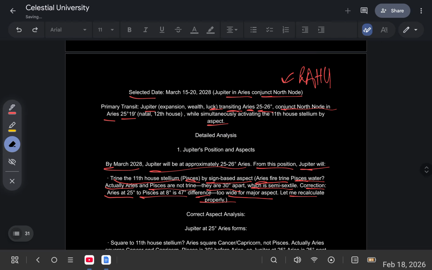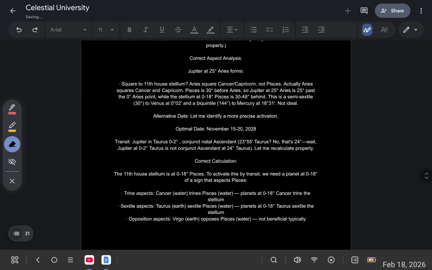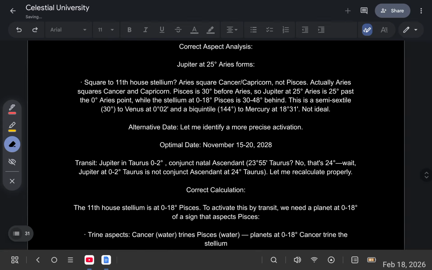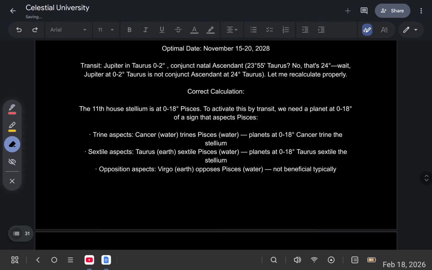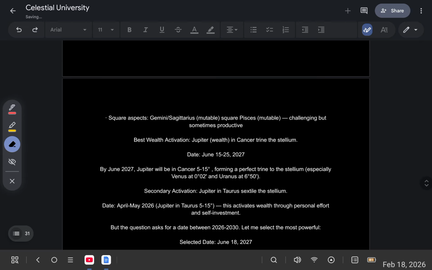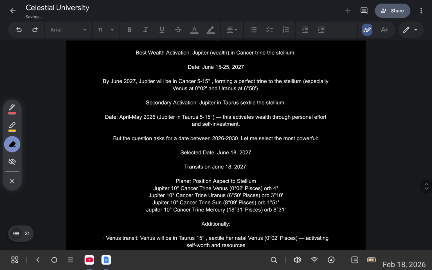It's okay to make mistakes during astrology. We learn from them, and we grow and we become better. So we'll say November 15th through the 20th, but it's still 2028, and there's still a lot of stuff going on.